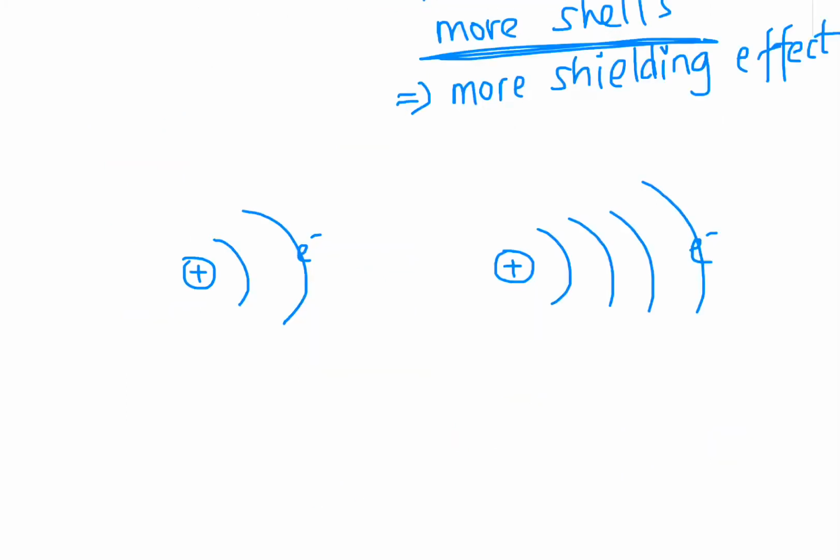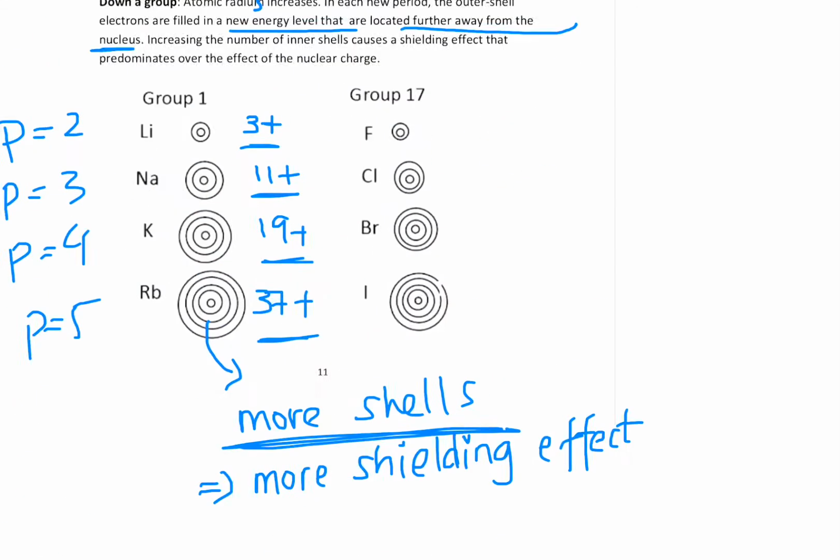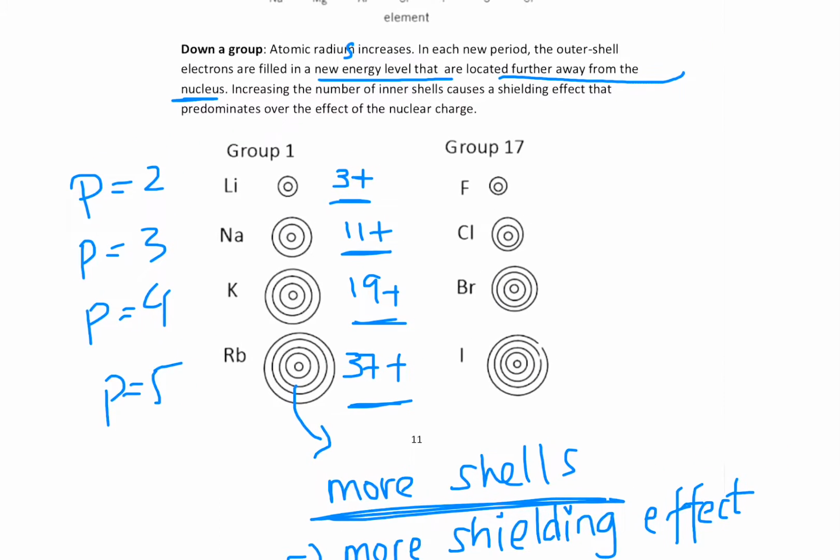So if you look at here, there's just one shell between the nucleus and the outermost electron. So this nucleus is able to pull it close to it. But here, the electron is shielded. All these inner shells act as a shield and prevent the nucleus from attracting it close to it. Plus, you're adding electrons in additional shells, so definitely it's going to get bigger.